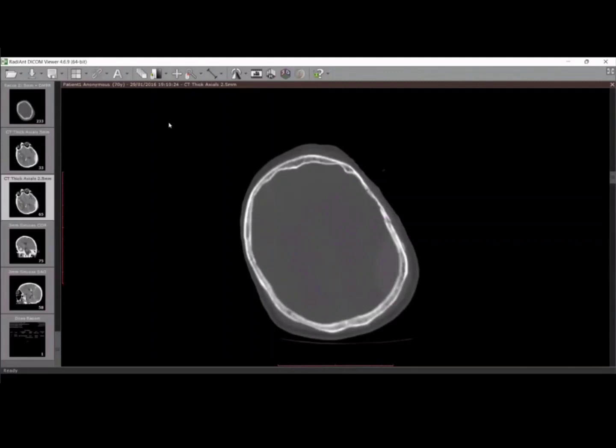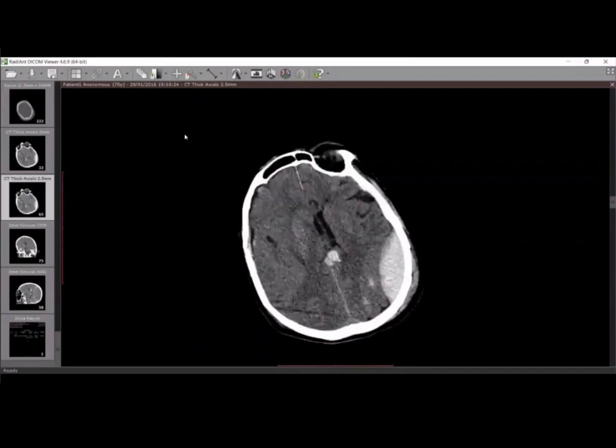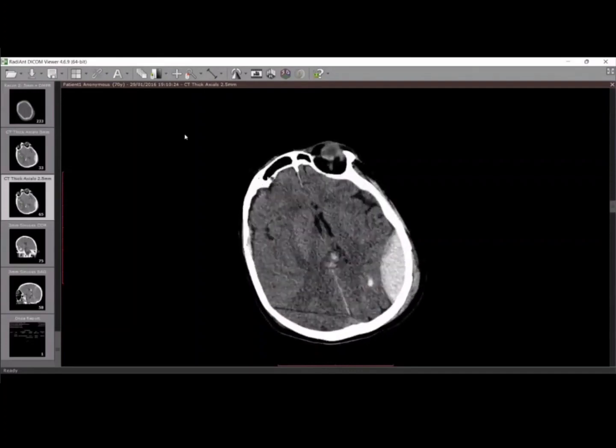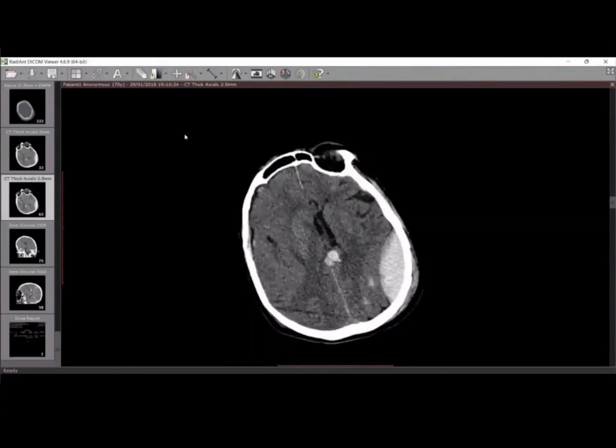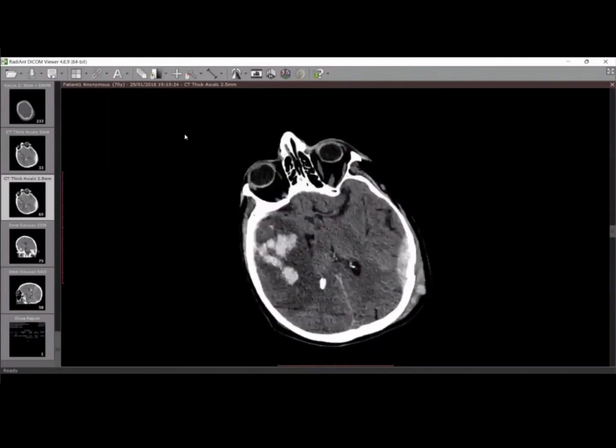There is midline shift as well, with subfalcine herniation to the left. So this patient needs an emergent intervention by the neurosurgeon, and the patient would need multidisciplinary management in this case.